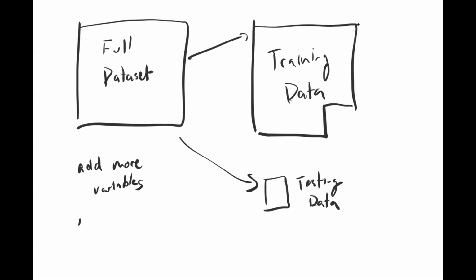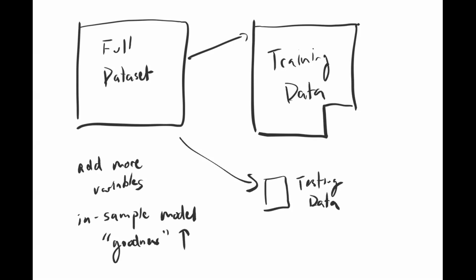So in sample model goodness is going to increase. And the same would be happening for the out of sample.